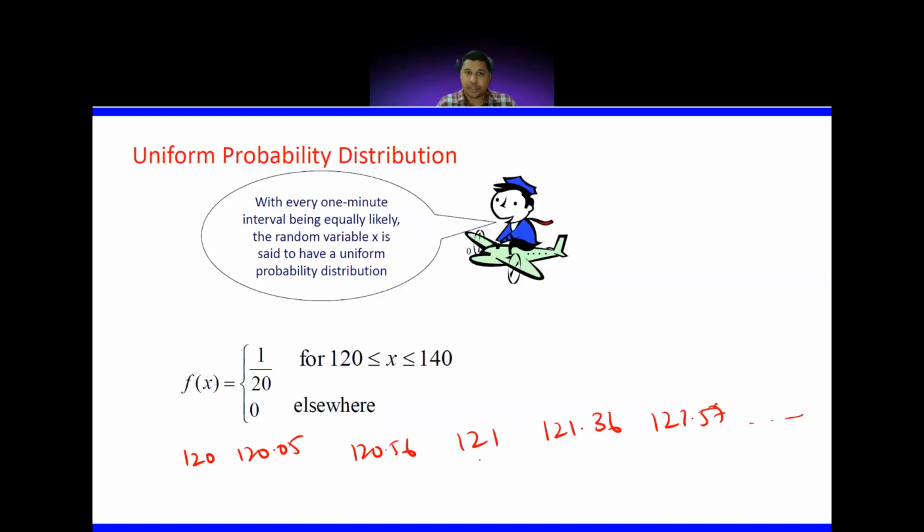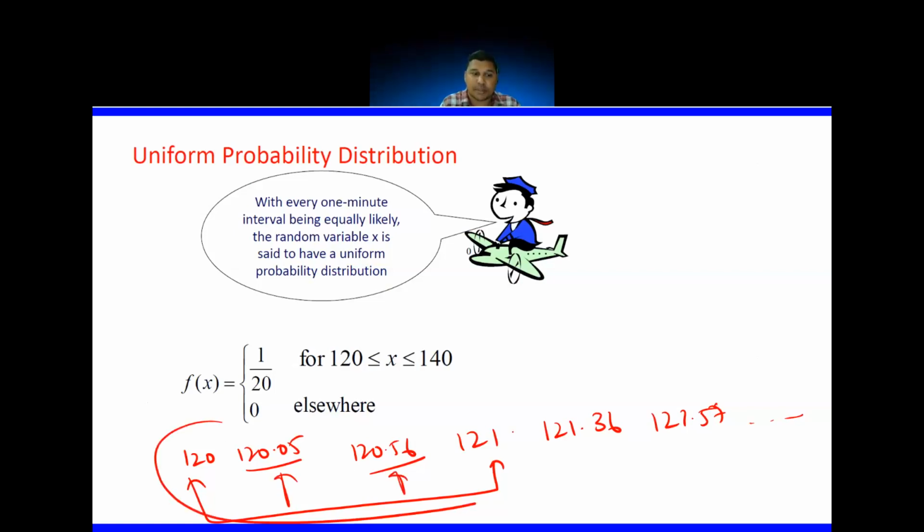Now, if I take this range of 1 minute, and these two times are always equally likely, this becomes something like a discrete, right?